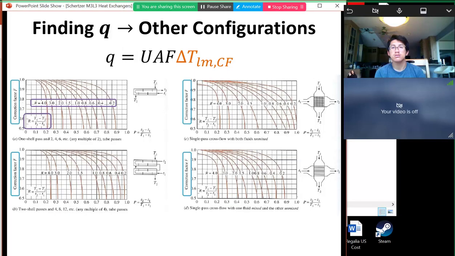So we do this sometimes in experimental work. We say, well, I kind of know the form of what the equation should look like, but then I'm just going to multiply by some kind of fudge factor, or a correction factor, to get an answer that looks close to right. Depending on your geometry, you could read this graphically. But we're going to talk about a different method called the effectiveness-NTU method, which I think is better for these more exotic geometries.